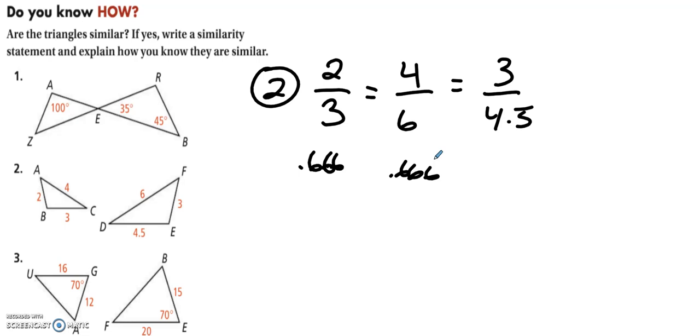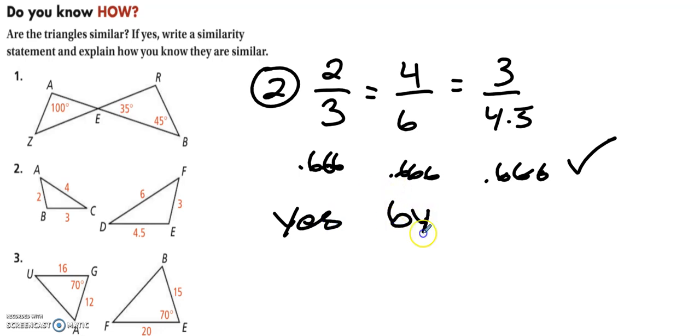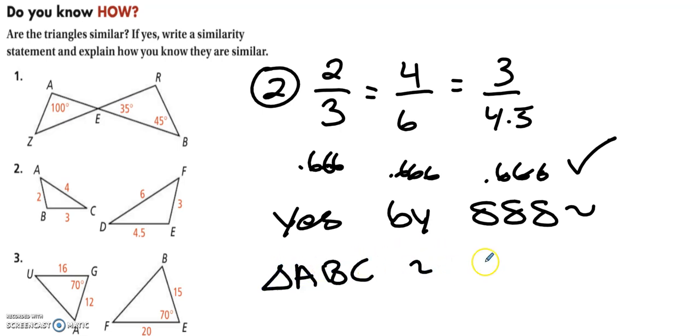And 3 divided by 4.5 is 0.666. Therefore, yes, by side-side-side similarity, and triangle ABC is similar to triangle FED.